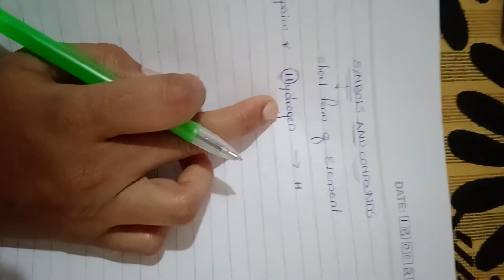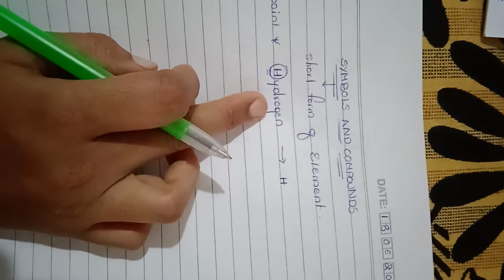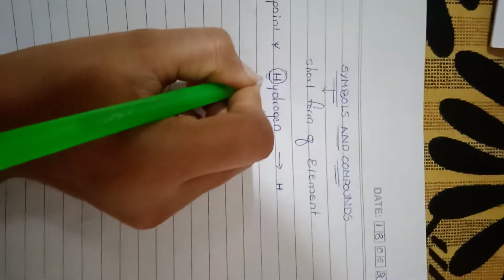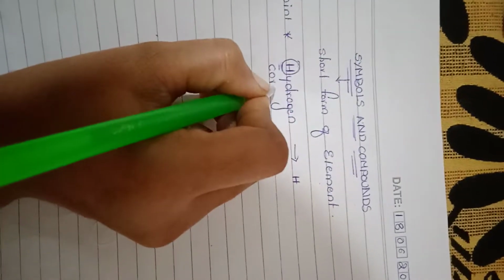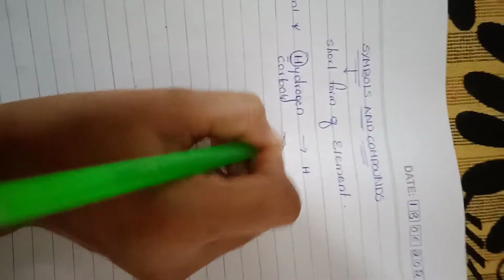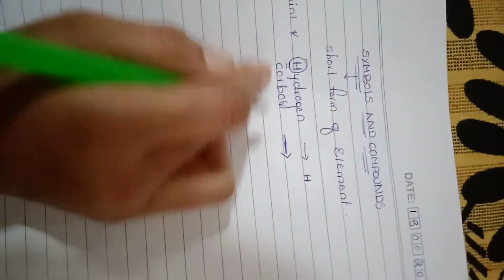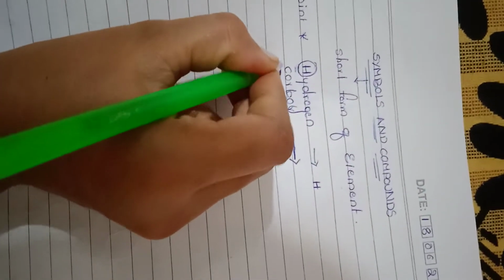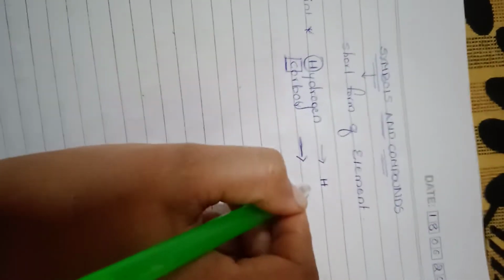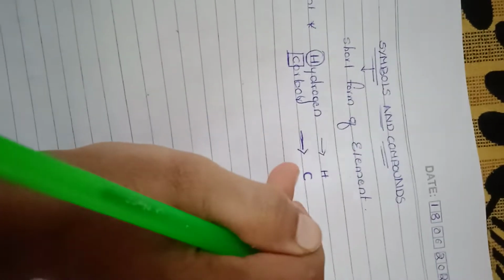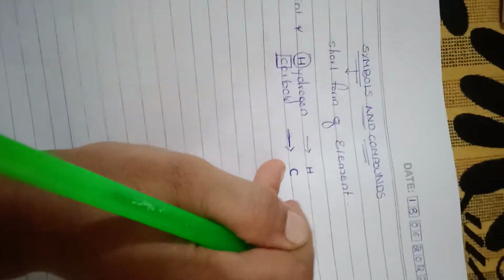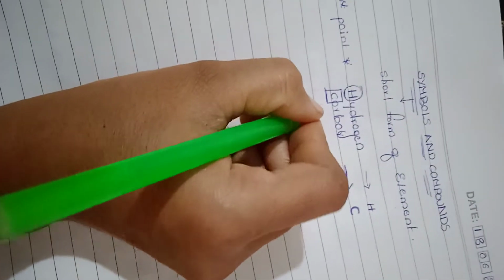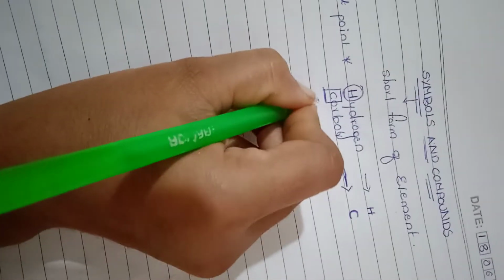And suppose carbon, what is the first letter of carbon? C is the first letter of carbon, so the symbol is C, and this should be a capital letter. And what about sulfur?